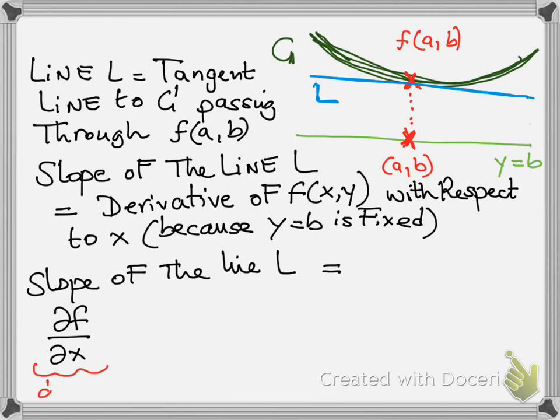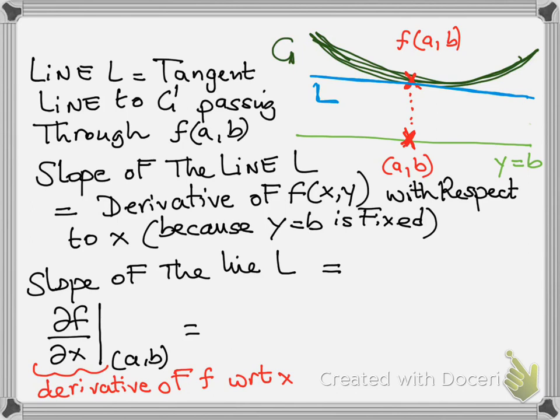It will be evaluated at the point AB, because we are interested in the slope of this line L, which is a tangent line to the curve C, and it passes through the point f of AB. So we are interested in the partial derivative of f with respect to x at the point AB.